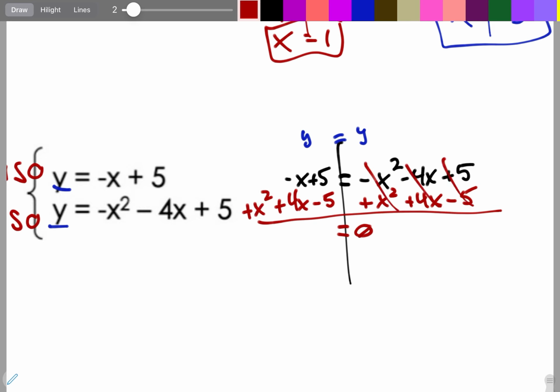We got 0. Now over here we got 5 minus 5, which is 0. We got negative 1 plus 4. That's going to be 3. So plus 3x. And over here, bring down your x squared. Voila, there we go. We got it.